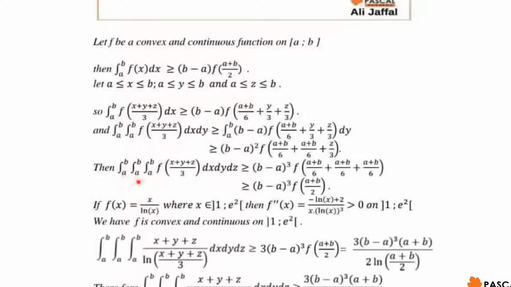That means the triple integral from a to b, from a to b, from a to b of f((x + y + z)/3) dx dy dz is greater than or equal to (b − a)³ f((a + b)/2).